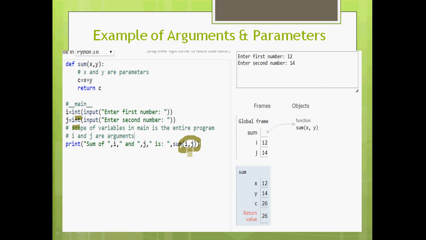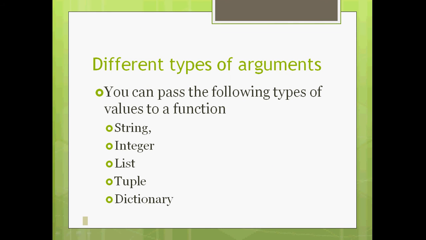Now what are the other values that you can pass? You can pass a string, integer we already saw, and a list also, and a tuple and a dictionary also. Whatever value this is, you can pass it to a function without any issue at all.